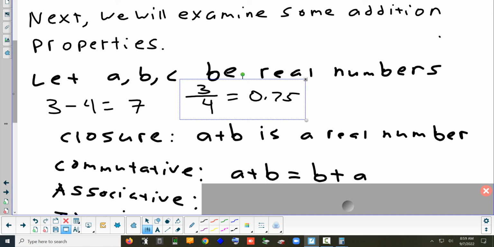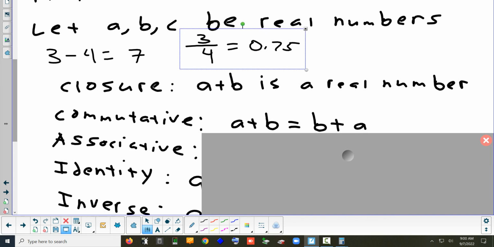When you associate, do you do it alone, or do you associate in groups? So associative is like, if there's a group, say 3 plus 4 in parentheses and then 5 plus 3 in another set of parentheses, it doesn't matter what order the parentheses are in. Right, so it has to do with parentheses and how you group them.